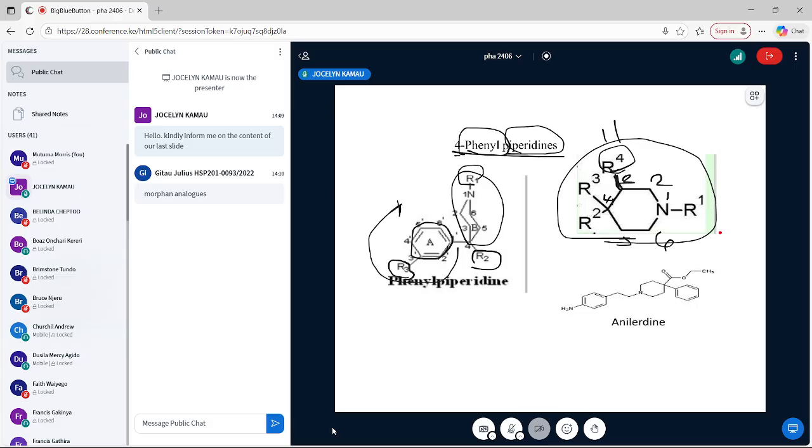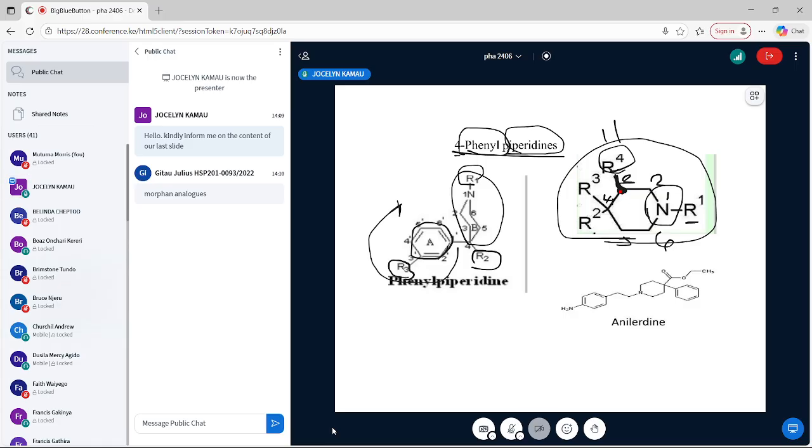So we were therefore saying that we note that is position 1. And this nitrogen, just as we have discussed with the other compounds, can have different substituents. It can have a methyl group, it can have larger substituents, and the influence most probably will be the same as we have already discussed. As I was saying, the only major difference is position number 3 of the piperidine ring, that in the 4-phenyl piperidines, in some of the compounds, you have a substituent at position number 3.